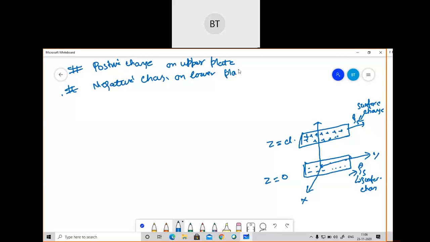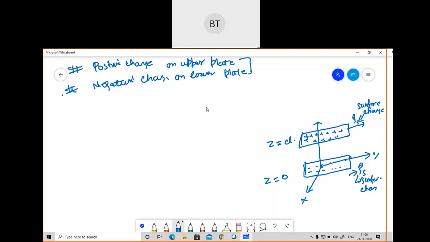So two types of charges I'm depositing on this capacitor. The two parallel plates are at z equal to 0 and at z equal to d, and I am superimposing positive charge on the upper plate and negative charge on the lower plate.